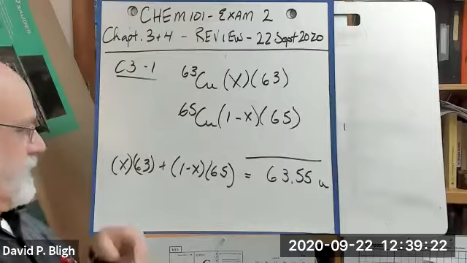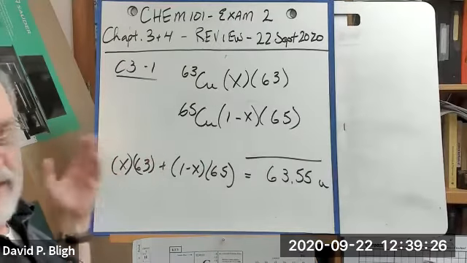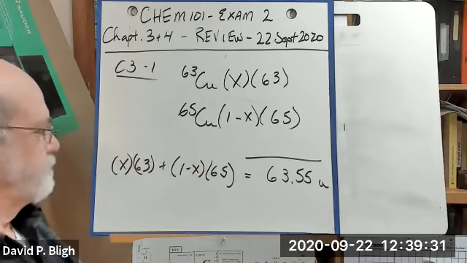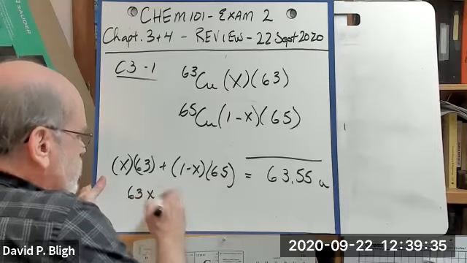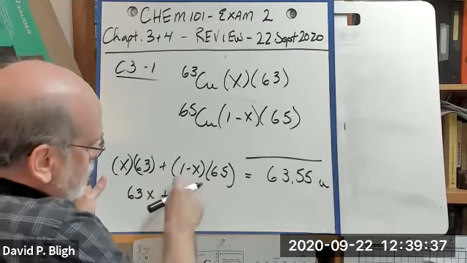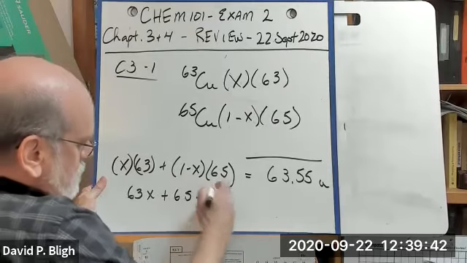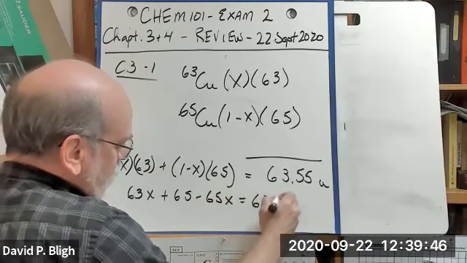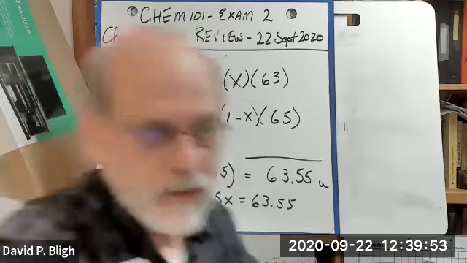So now, what do I say over and over and over again? If you've got one equation in one unknown, you can solve it. So this would be 63x, and this would be 65 minus 65x equals 63.55. Well, I might as well do it.